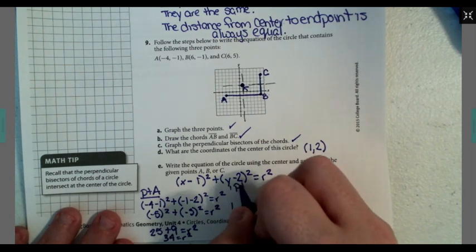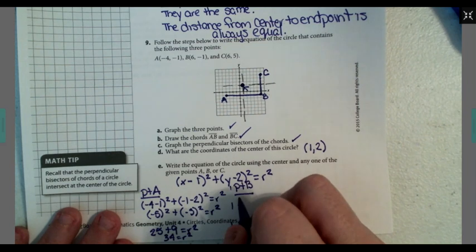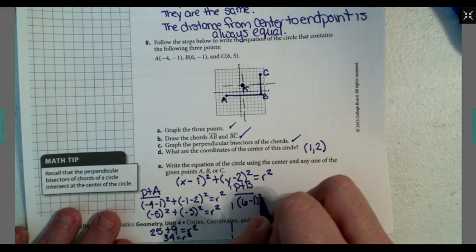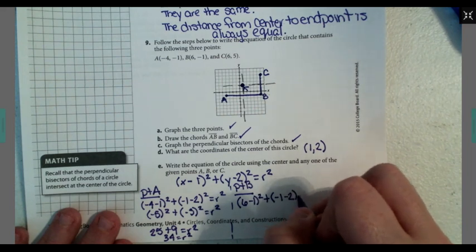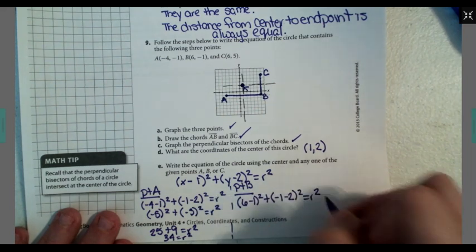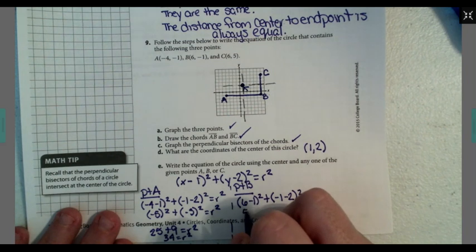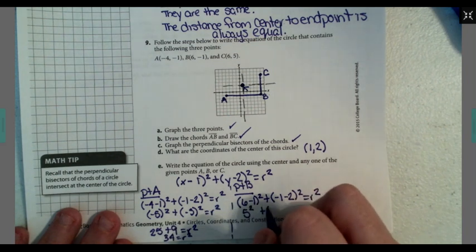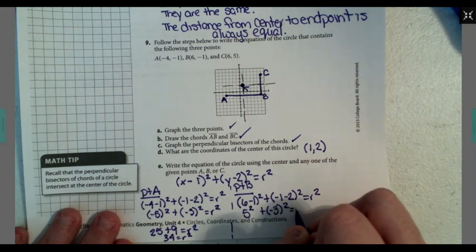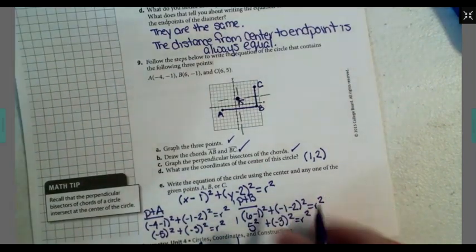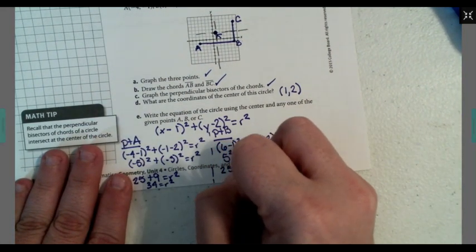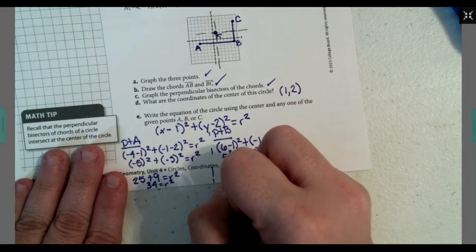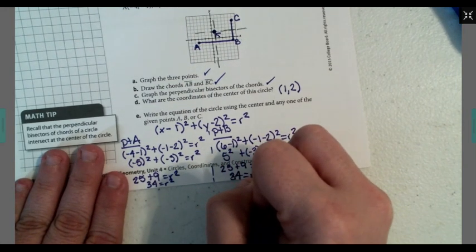Let's try point B. Point B is (6 minus 1) squared plus (-1 minus 2) squared equals r squared. That's going to be 5 squared plus -3 squared equals r squared. That's 25 and 9. So r squared equals 34.